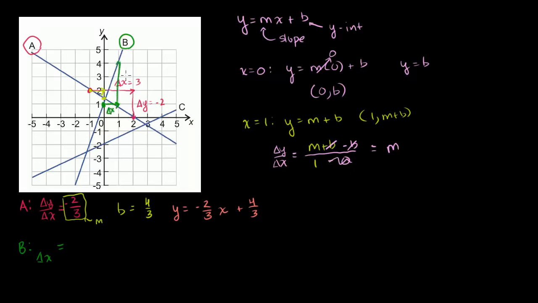Our change in y is positive 3. So delta y over delta x is 3 over 1, so our slope is equal to 3. What is our y-intercept? Well, when x is equal to 0, y is equal to 1. So b is equal to 1. So this was a lot easier. Here the equation is y is equal to 3x plus 1.